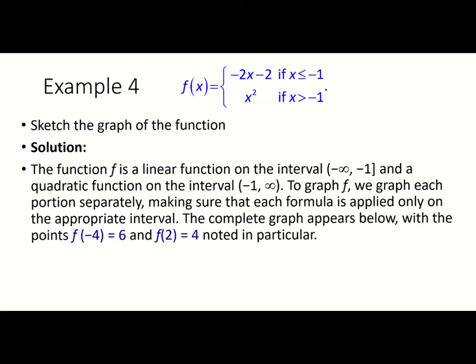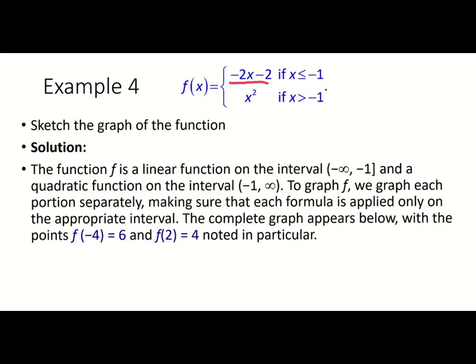Okay, so here we have an example of a piecewise function, and we have two equations. The first one is negative 2x minus 2. So again, this is a linear equation.